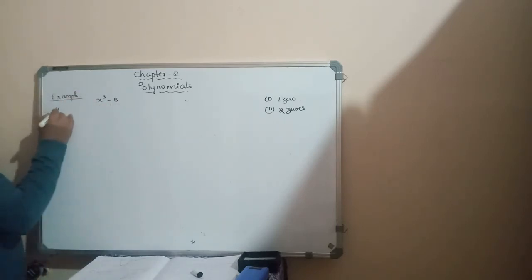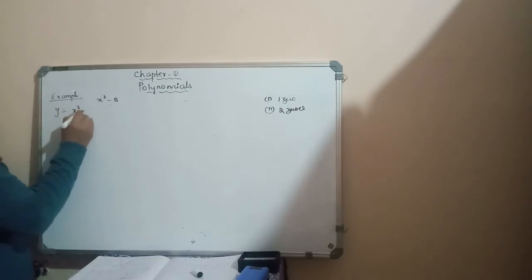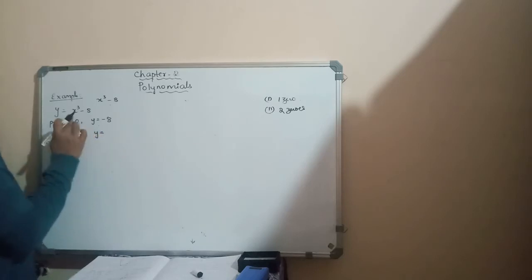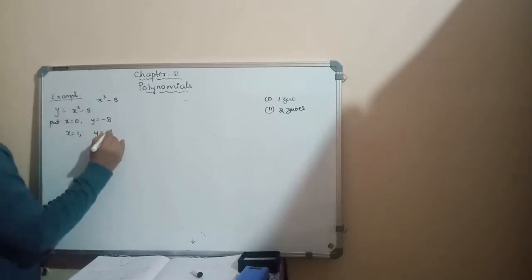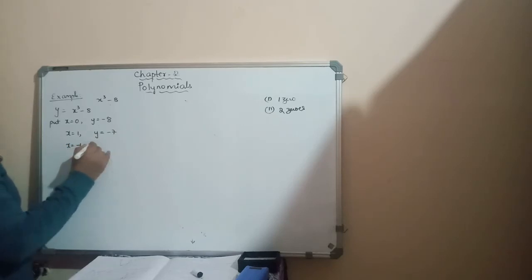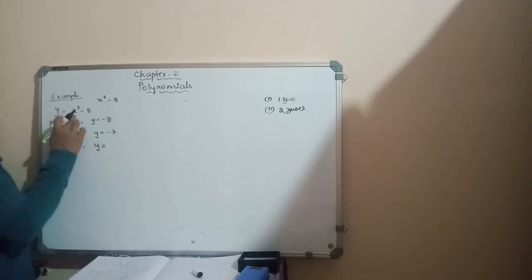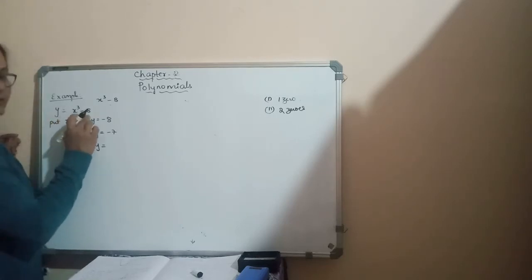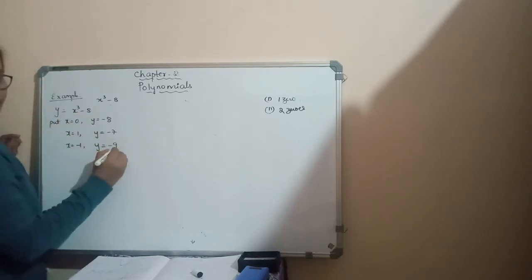Now y equals x cube minus 8. Put x as 0. y is minus 8. Then x is 1. Then y equals 1 minus 8, which is minus 7. Then when x is minus 1, y equals minus 1 whole cube, which is minus 1. Minus 1 minus 8 is minus 9.